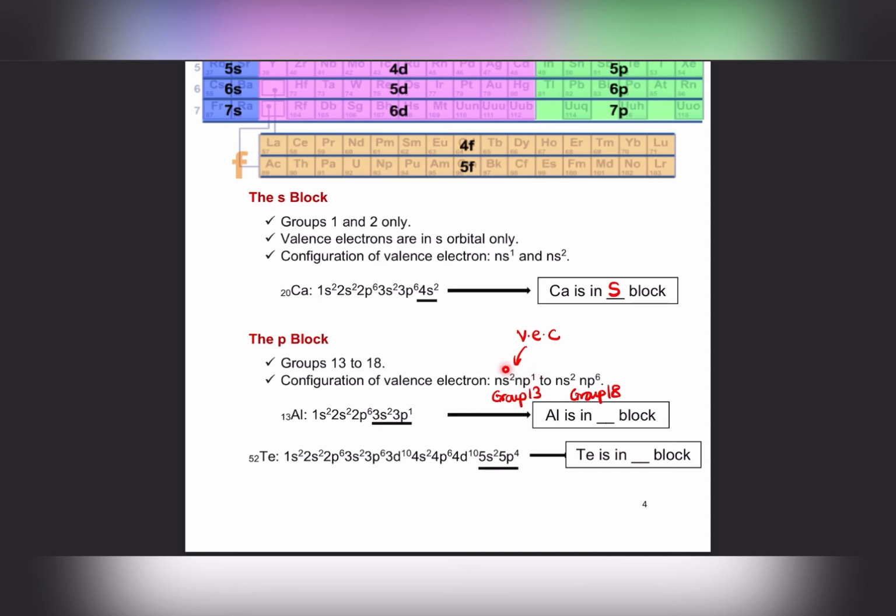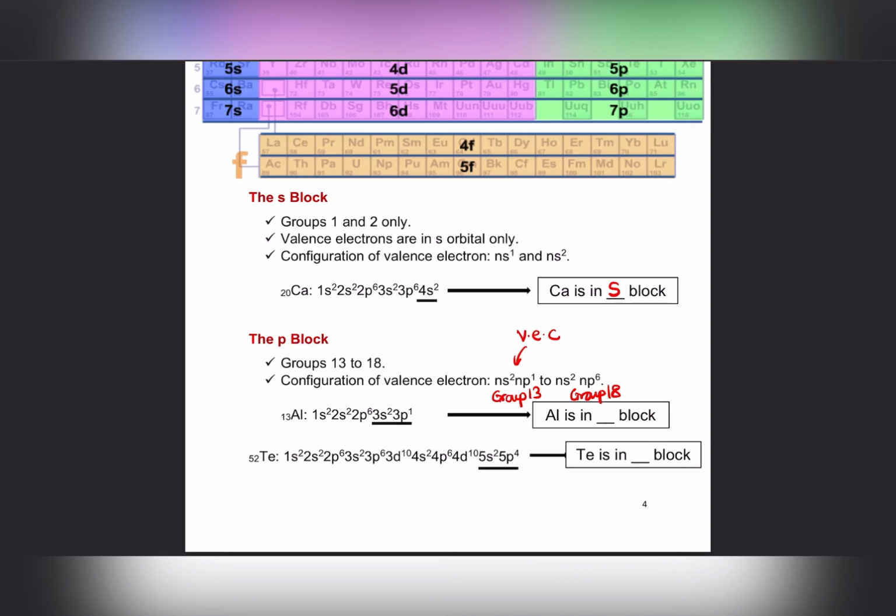So 3 elektron dalam VEC, maknanya dia untuk merujuk kepada group 13. Dan ada 8 elektron dalam ns2np6, so ini adalah merujuk kepada VEC for group 18. So sebab itulah awak kena based on VEC. Awak tak boleh anggap dia dalam bentuk yang macam awak belajar waktu SPM dahulu. So memang kena fokus kepada VEC, iaitu electronic configuration, dan lihat valence elektron dalam EC awak.